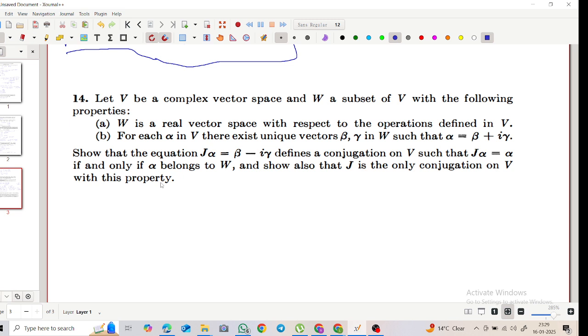Show that the equation J alpha equals beta minus I gamma defines a conjugation on V such that J alpha equals alpha if and only if alpha belongs to W, and also show that J is the only conjugation on V with this property. Okay.